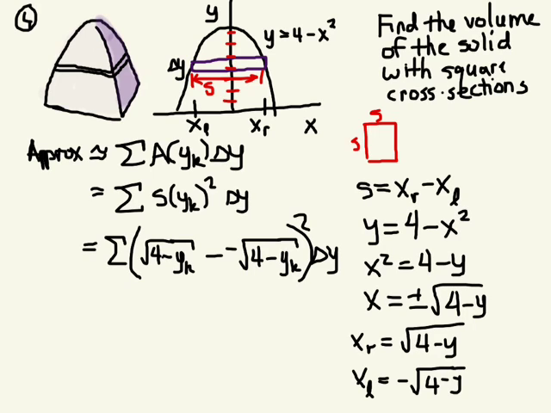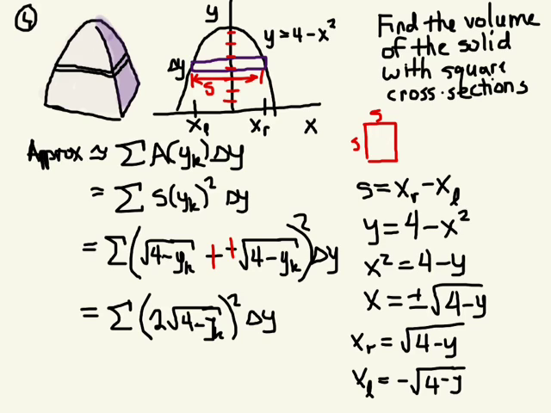Okay, so if we look at that a little more carefully, subtracting a negative, we now change it to addition, and if we notice that these are the same terms, we're actually able to rewrite our Riemann sum as a sum of two square roots of 4 minus the y value, squared, times delta y. And that would be our Riemann sum.